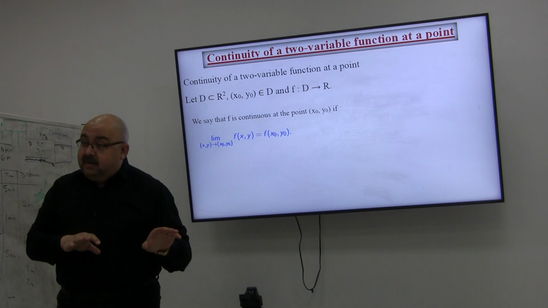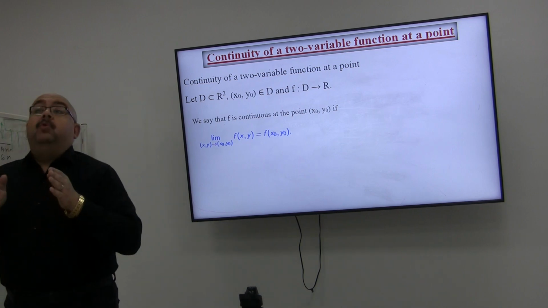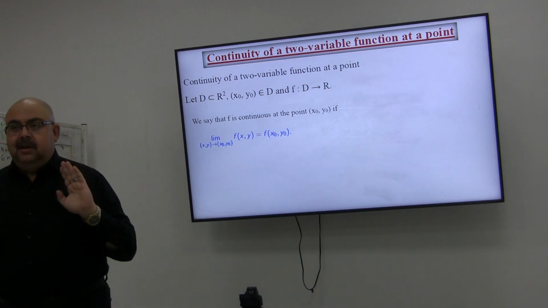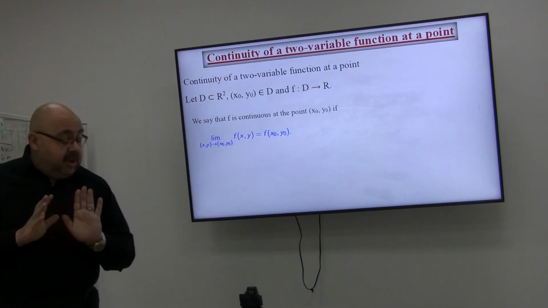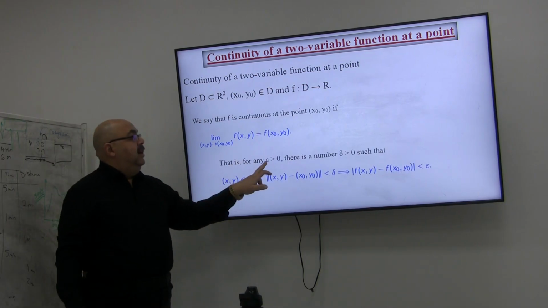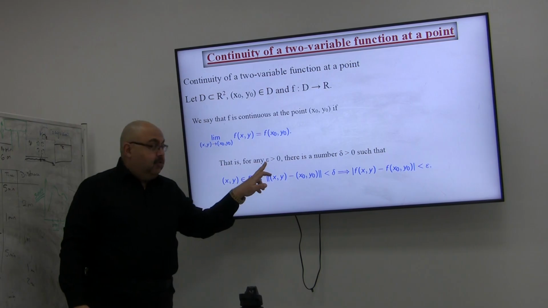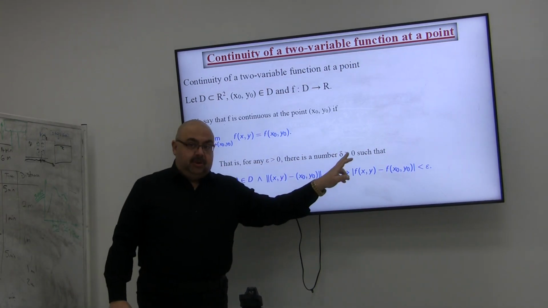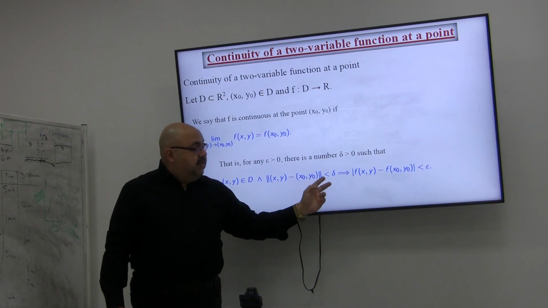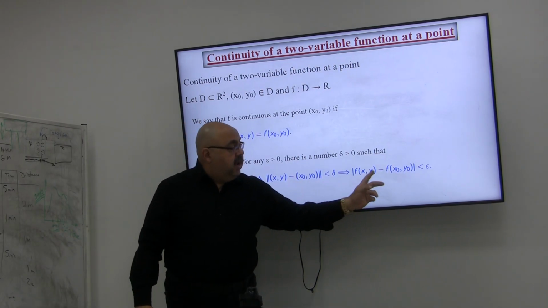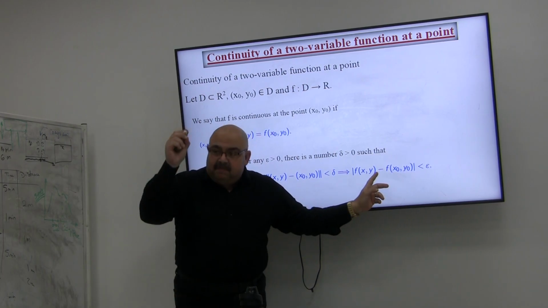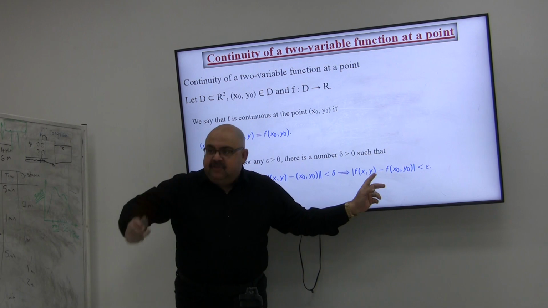So in several variables, all I have to do is prove that the limit of the function equals the function value. That's it. How to prove it? Using the general definition, I will consider epsilon greater than 0, which leads to delta greater than 0, such that for every (x,y) with distance from (x0, y0) less than delta, this will lead to |f(x,y) minus the specific value of the function at this point| less than epsilon.